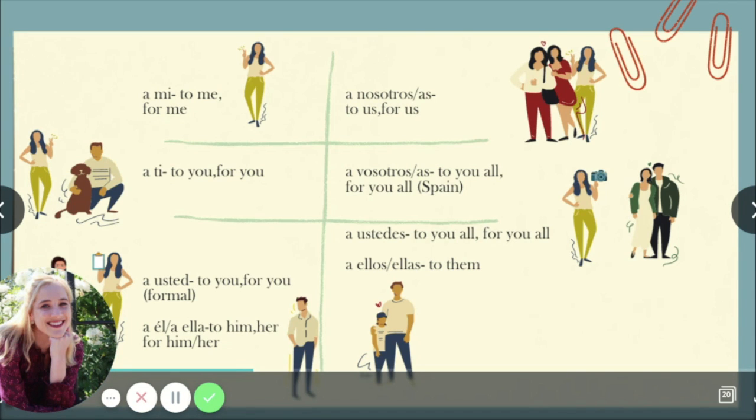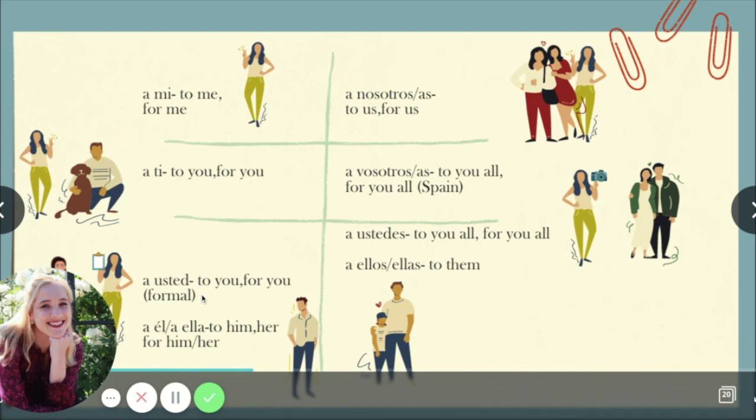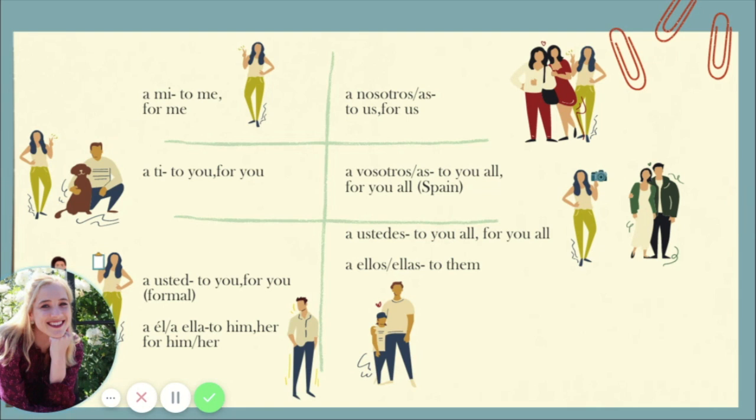So this is what that looks like in Español. Okay, these are indirect objects. So if we want to say to me or for me, we'd say a mí. To you, a ti. Or if it's formal, we'd say a usted. Let's see, a él, to him or for him.